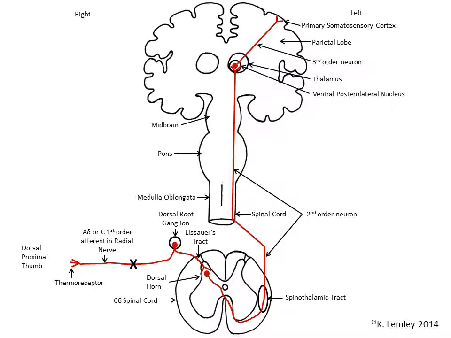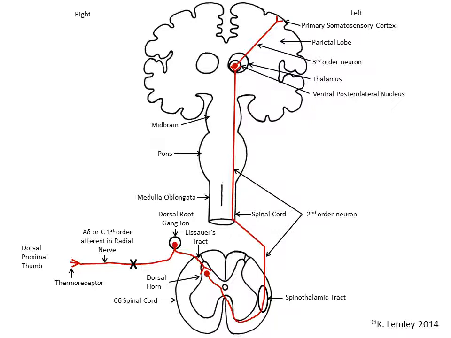I've damaged my radial nerve. This means that the skin that is innervated by the radial nerve will no longer be able to transmit information about temperature change. So I will not know if something warm or cool is touching the dorsal proximal thumb.